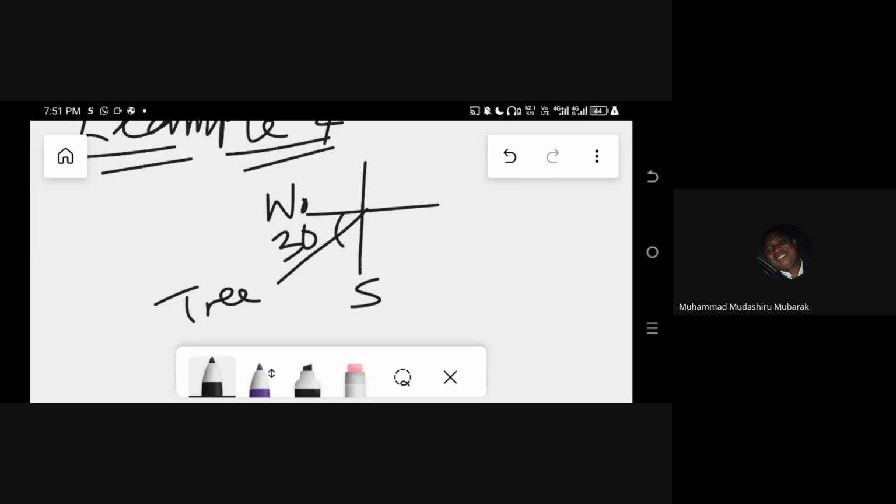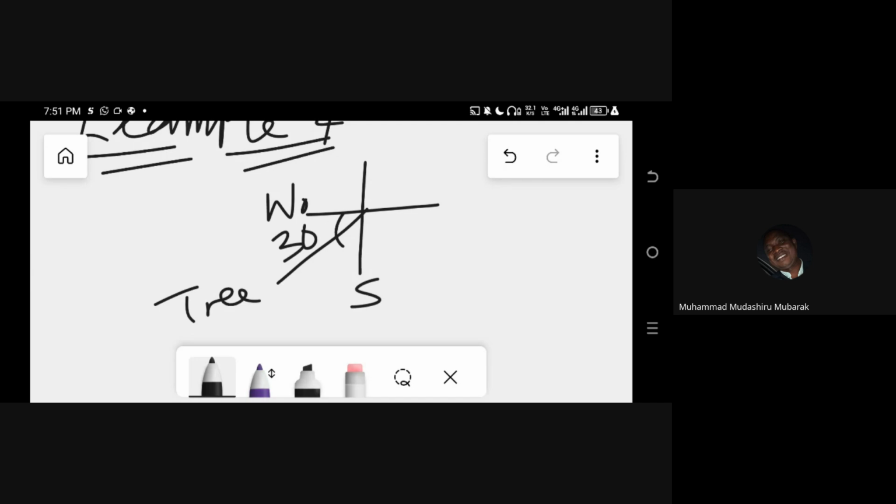So this case is in the southwestern part of the compass. But then that angle, 30 degrees, is not touching the south. So what should we do such that the angle 30 degrees touches the south? What should be done?